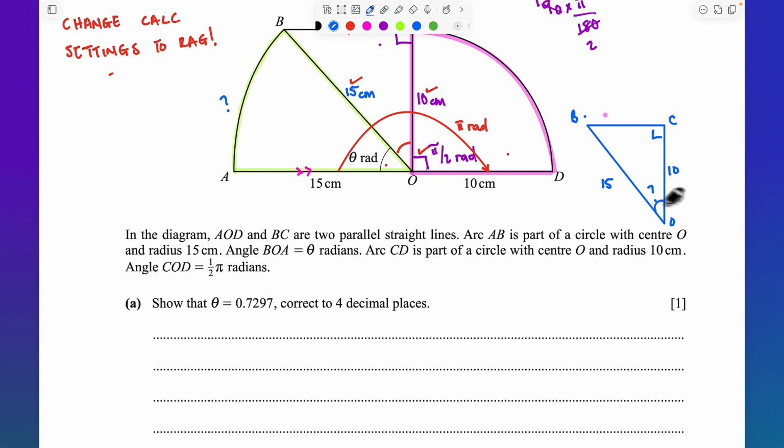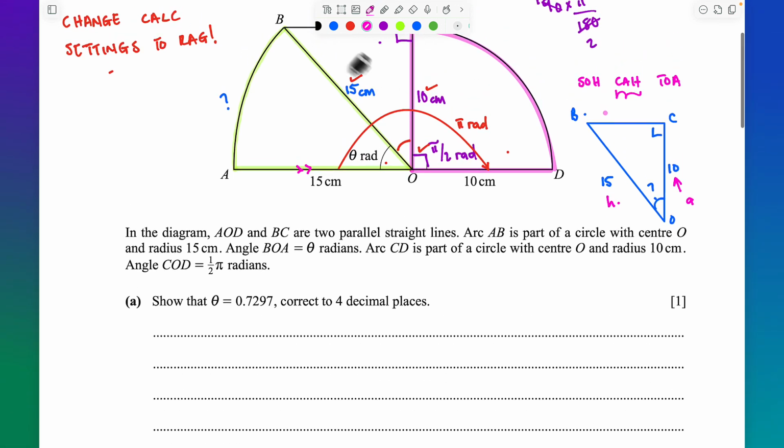With trigonometry, since this is the angle that we're focusing on, this 10 would be our adjacent, since that's the line between the 90 degrees and the angle you're focusing on. This one over here is opposite to the 90 degrees, so that's your hypotenuse. According to SOH CAH TOA, adjacent and hypotenuse means we're dealing with cos.